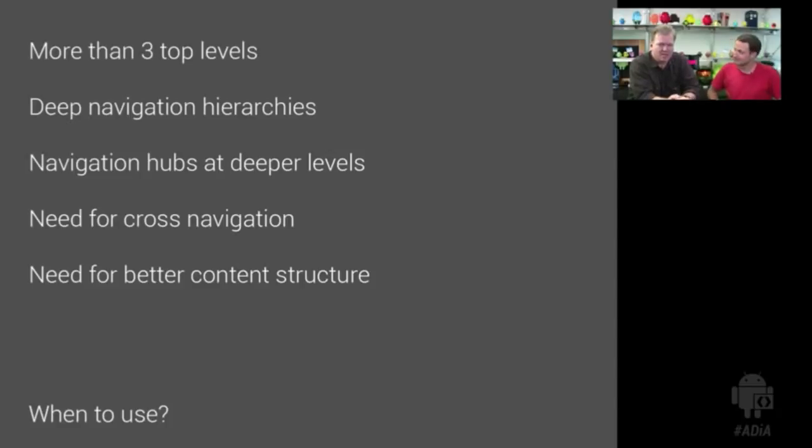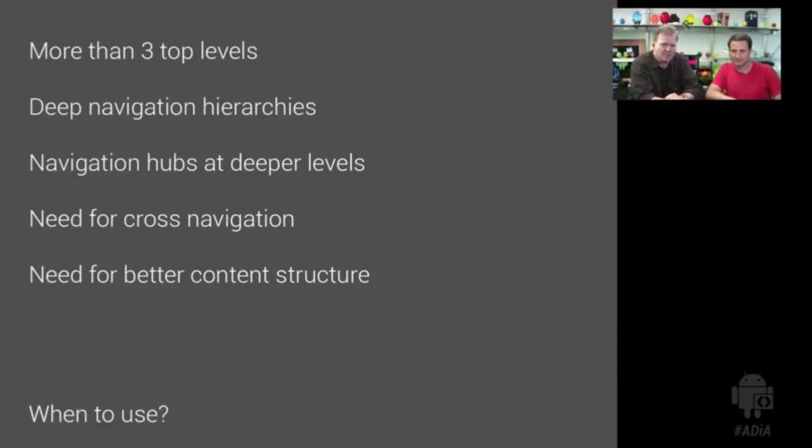So if you wanted to look at when to use the navigation drawer as opposed to the other patterns that we talked about earlier, here are some helpful guides that can help you make this decision. One of those could be more than 3 top levels. So the navigation drawer is particularly good at exposing more content than the other top level switching mechanisms.